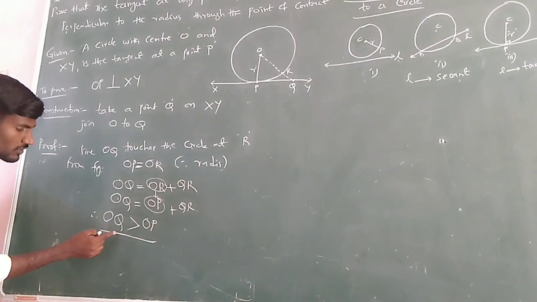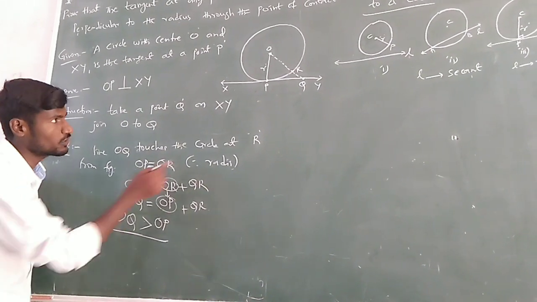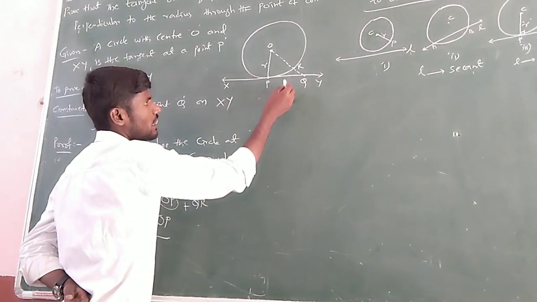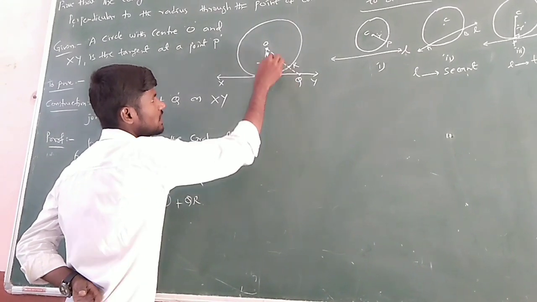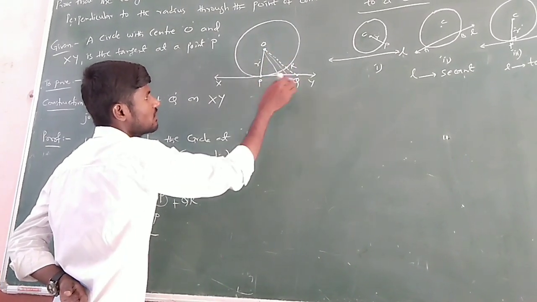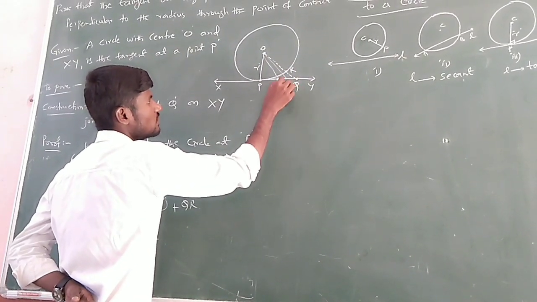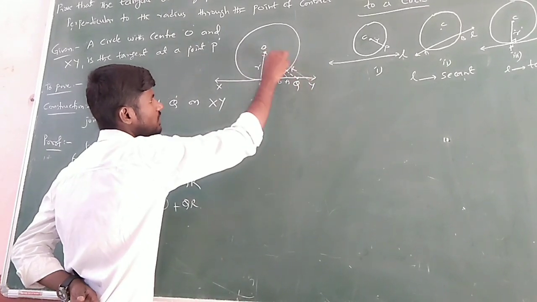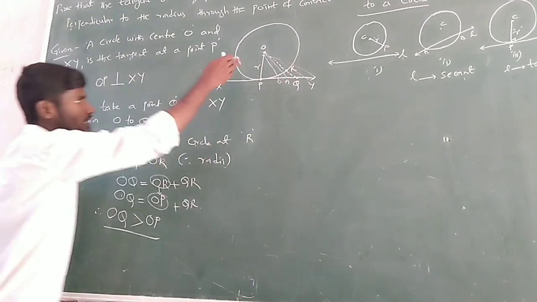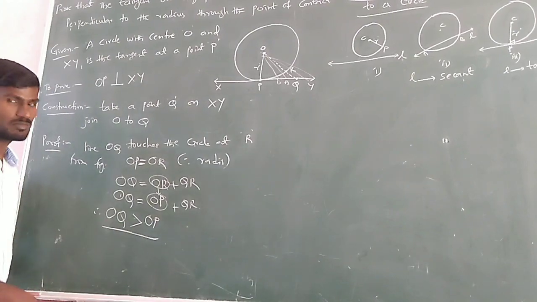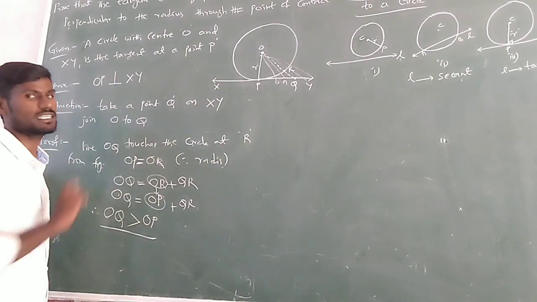Now if you carefully observe this condition, OQ is greater than OP means that whatever points we take on the tangent XY, suppose A, B, C, whatever you take, all these distances are greater than OP only. Means only OP is the shortest distance.